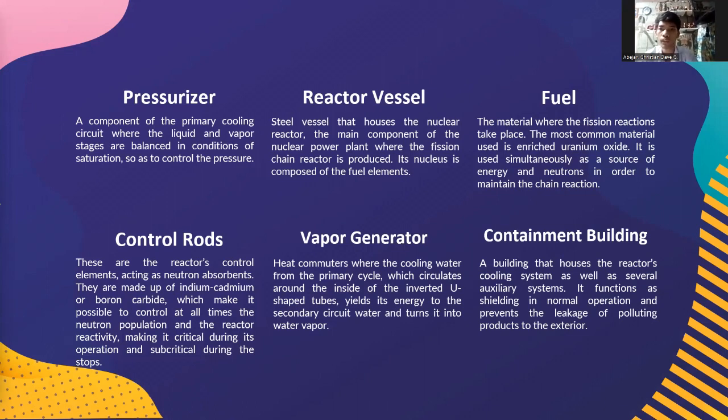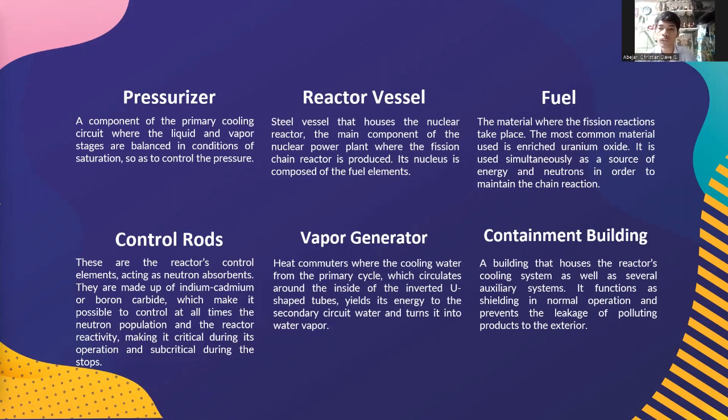The next is the vapor generator. A heat exchanger where the cooling water from the primary cycle, which circulates around the inside of the inverted U-shaped tubes, yields its energy to the secondary circuit water and turns it into water vapor. So here in our vapor generator, it says that the high pressure of the steam exerts pressure on the angle base of the turbine, causing the shaft to rotate.